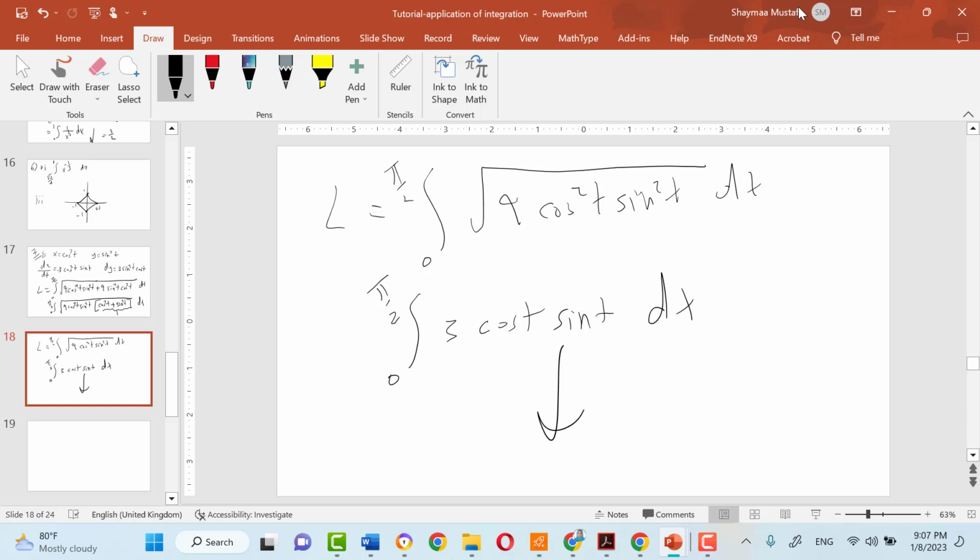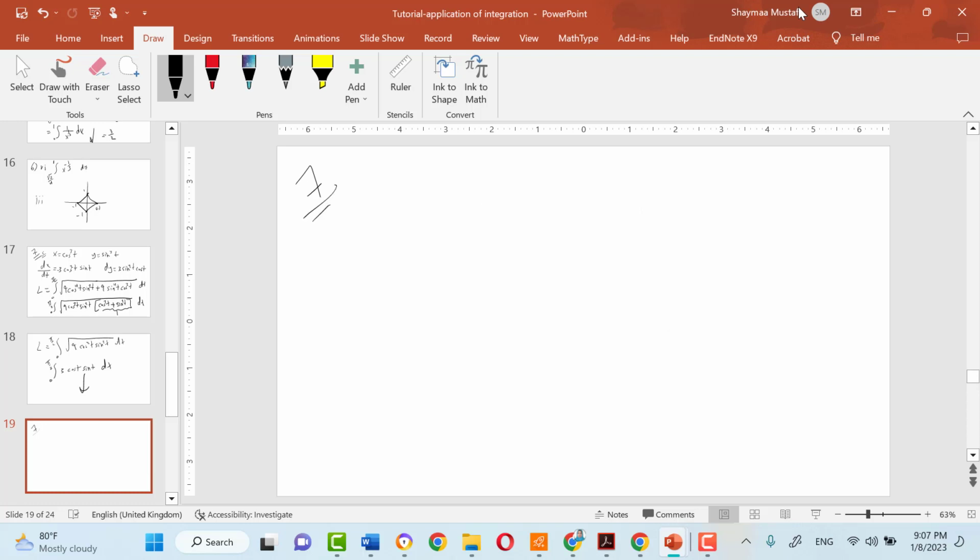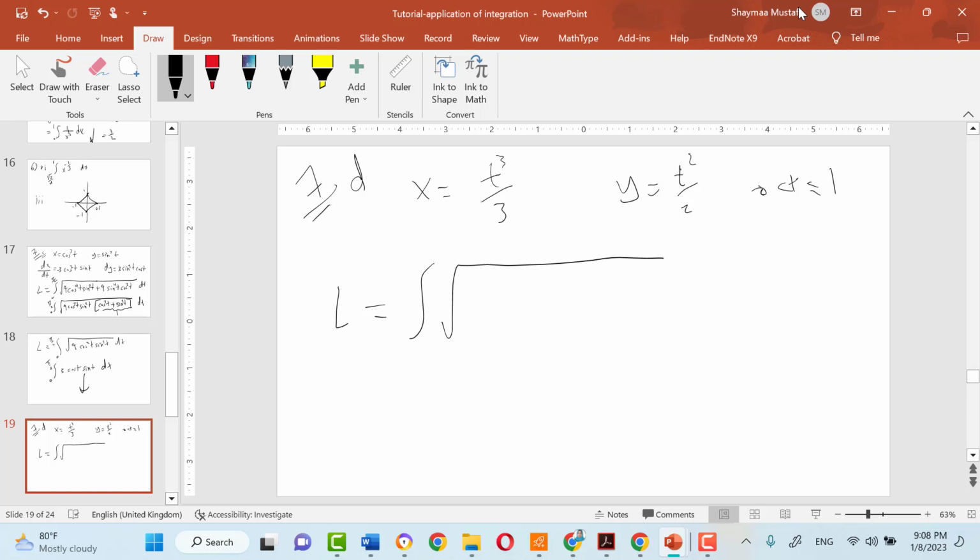This is for question 7C. For question 7D, if you try to solve it, you have x equal to t cubed over 3, y equal to t squared over 2, t from 0 until 1. So after you calculate the derivative and so on, you will find the length. I will make the integration for you.